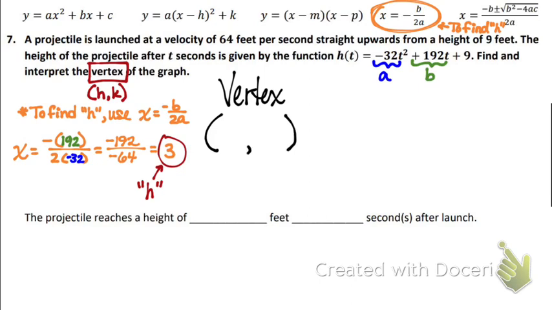So far on the vertex, I know this part of it. We still need to find k. We have to find h first, but then to find k, we will sub our h value into the equation.